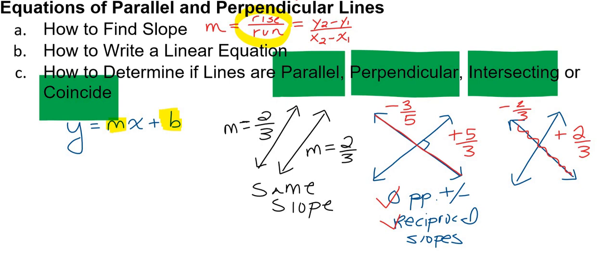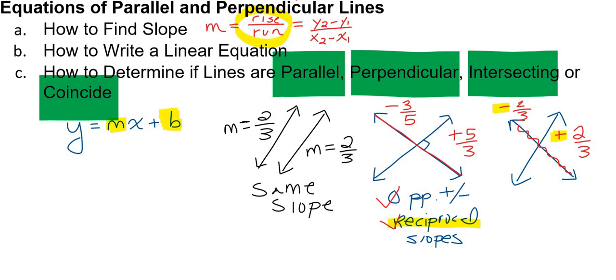Why? Even though they have opposite signs, they don't have reciprocal slopes, meaning the fraction isn't flipped. It's the same fraction, 2 over 3. It's just one's positive and one's negative. This would tell me that my lines are just crossing, and there's no right angle where they cross.